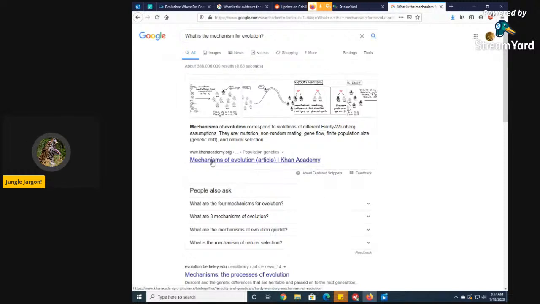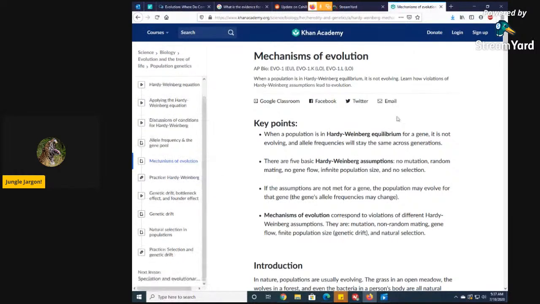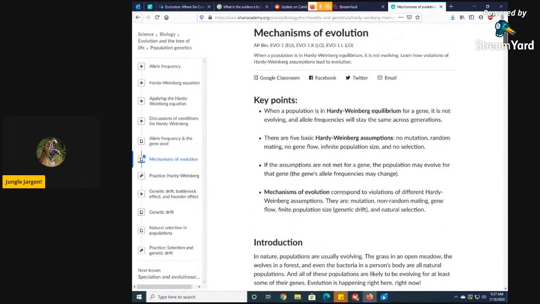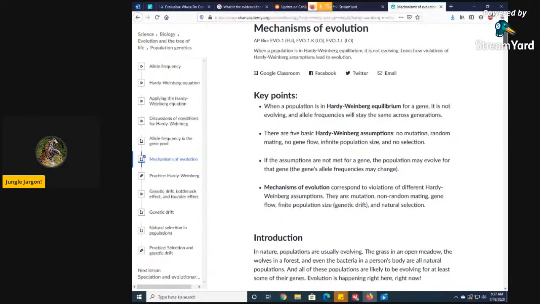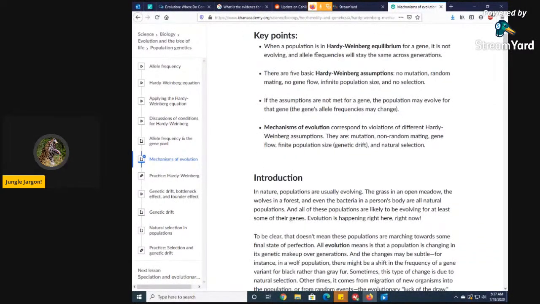So I tried to explain to him one time that evolution is nonsense, but apparently he went full, full whatever. Mechanism of evolution. Key points. When a population is in Hardy-Weinberg equilibrium for a gene, it is not evolving, and allele frequencies will stay the same across generations.